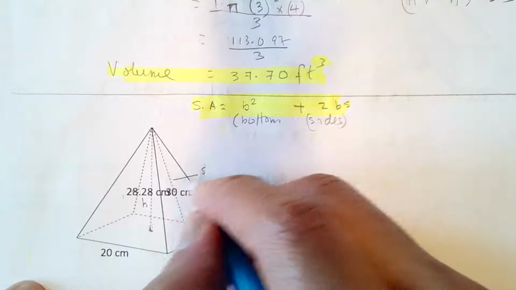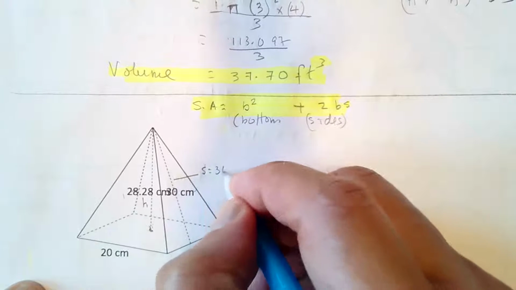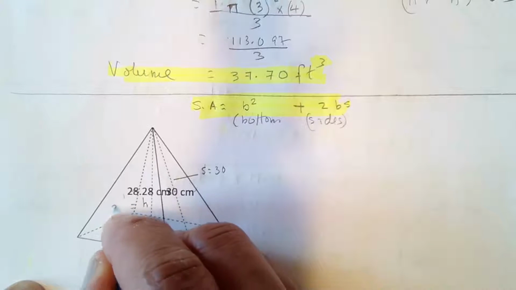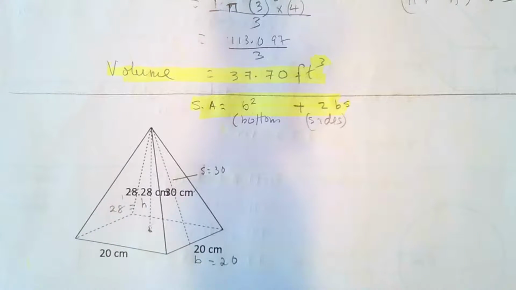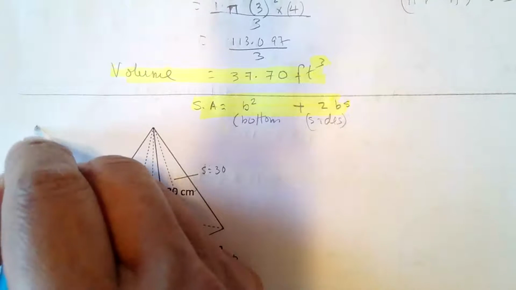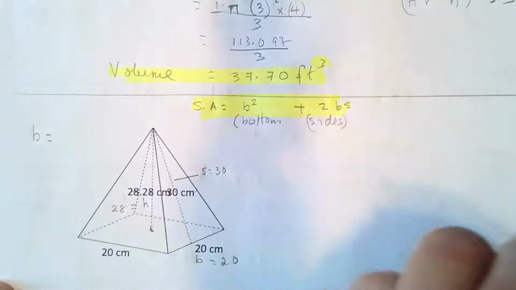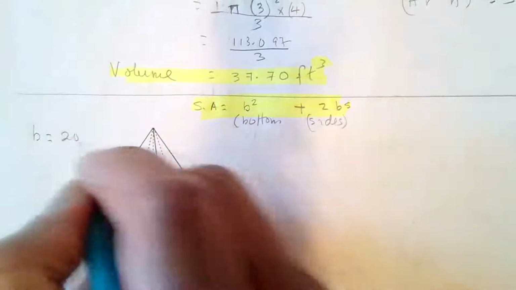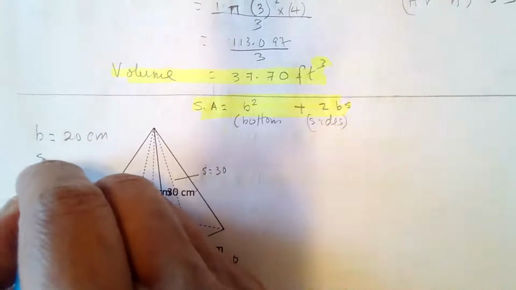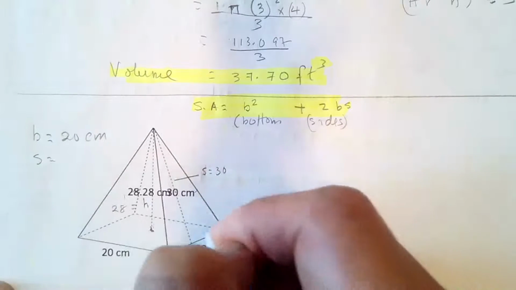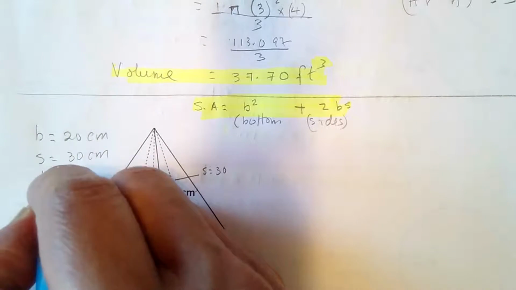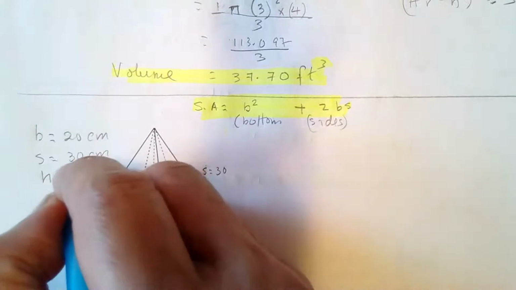So your s is equal to 30, base is equal to 20 and the h is equal to 28. Just record that here for our purposes. Here we have b is equal to 20 centimeters. Our slant height, according to our formula, is 30. And our height, perpendicular height, is 28.